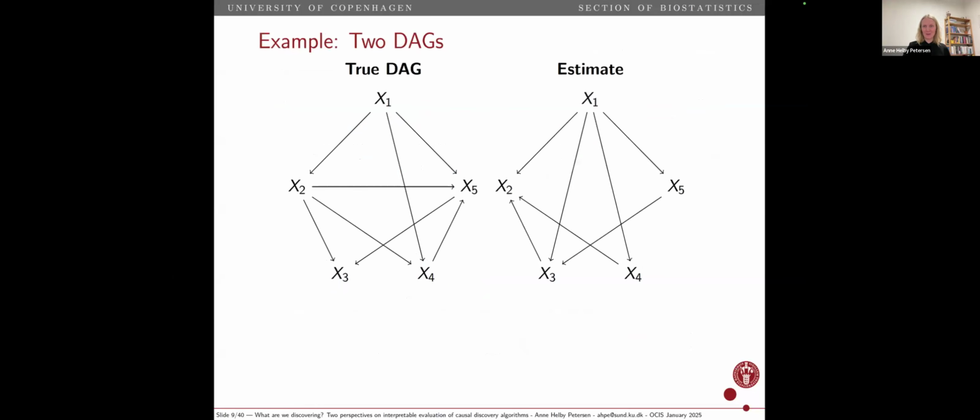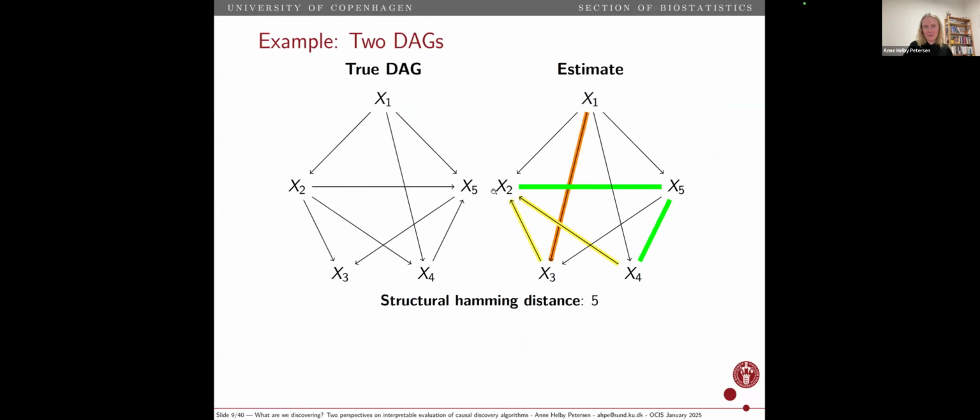Okay, so the basic example: what do we want to do when we want to evaluate a causal discovery algorithm? Assume we here have a true DAG and we have an estimate of it. We want to compare them. So one way to do it is to compute the structural Hamming distance. This is a measure that counts how many different operations you need to do on the estimated graph in order to turn it into the true DAG.